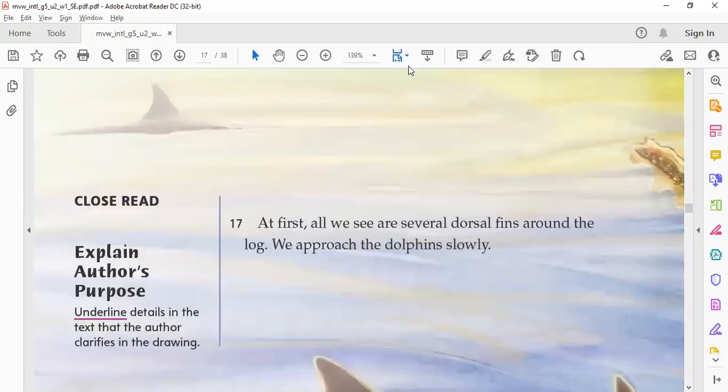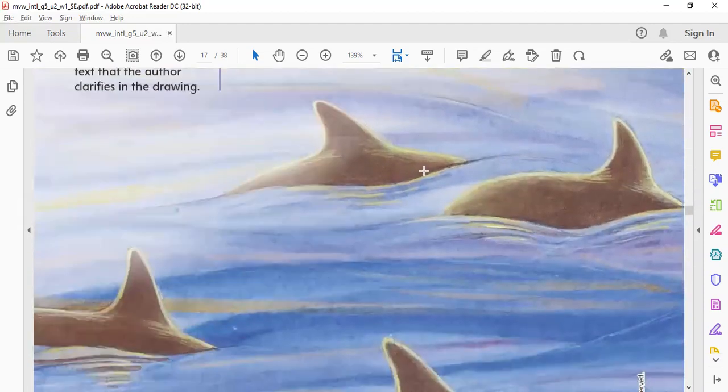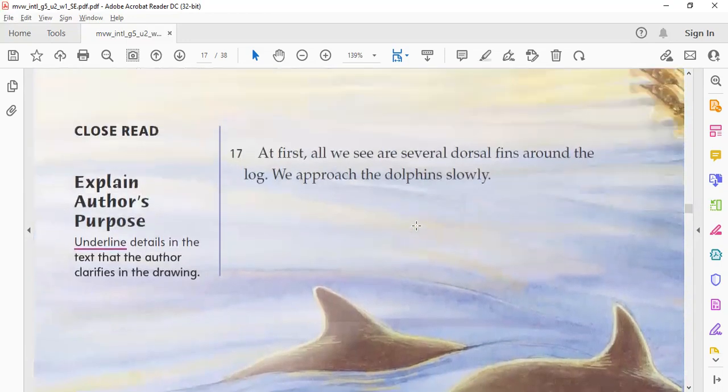Here it says underline details in the text that the author clarifies in the drawing. What did the author clarify in this drawing? All we see are several dolphins. Very good.